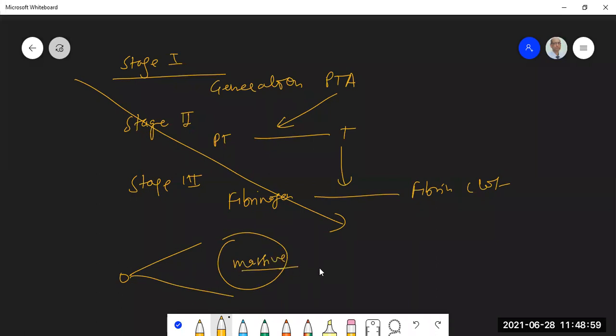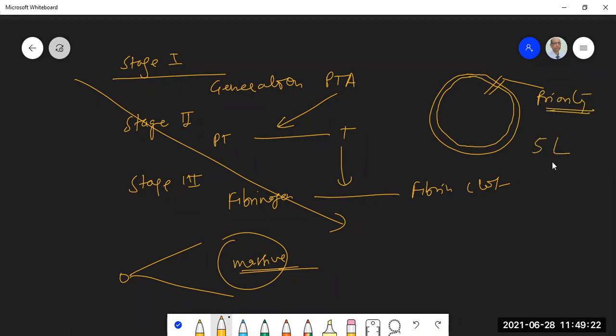As I said earlier, the BVS, the blood vascular system, is a closed system. Any breach, any break anywhere, small or big, is taken as a priority. It is taken as an emergency, because you have only a limited amount of blood, 5 liters.